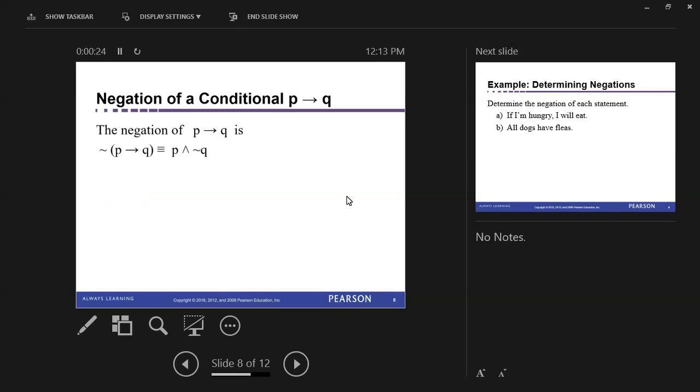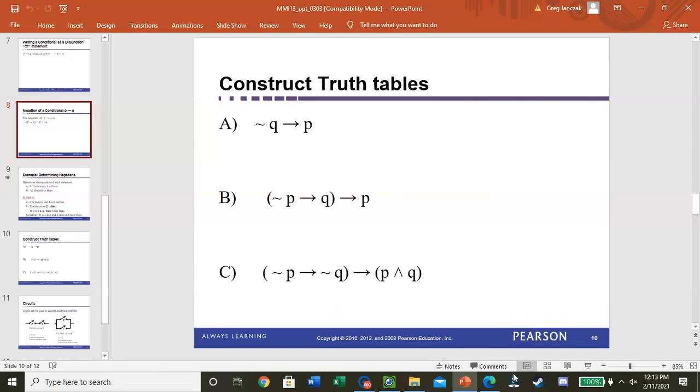Let's do this. Let's look at the next slide. Actually, you know what? I think we did pretty good today. We're going to go ahead and stop here.